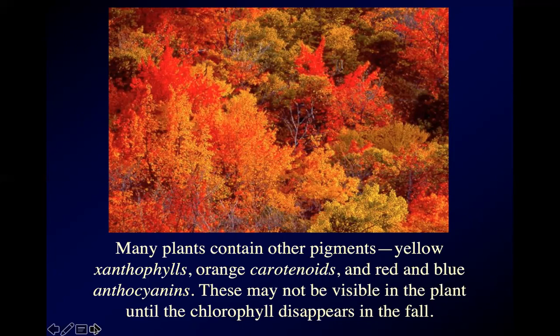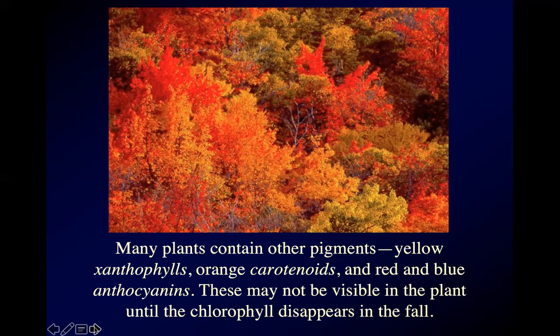And these are responsible for the colors of flowers, the reds and the yellows and the blues of flowers in spring, the reds and oranges and yellows and blues of fruits and vegetables. It's why your carrots are orange and your lemons are yellow and your plums are purple.